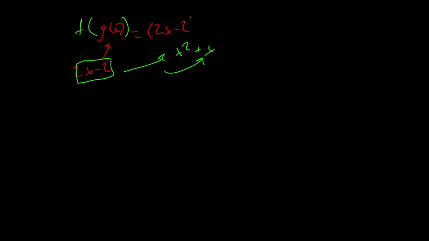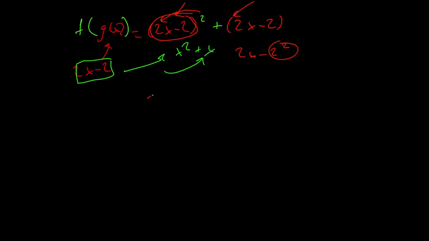2x minus 2 squared plus 2x minus 2. And don't forget these parentheses here. Those are actually very important because now you can see that you're actually squaring the entire function. If you just did 2x minus 2 squared, you'd be squaring the 2, which is wrong. So now we can solve this by doing 2x minus 2 and then foiling it.